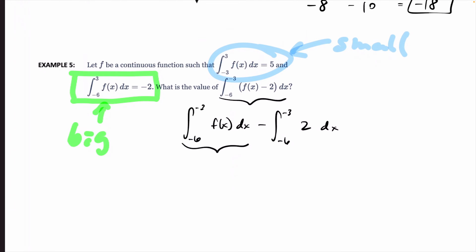So the whole thing goes from here to here. That's the big, that's the green. The blue is the piece. That doesn't go all the way from -6 to +3. That goes from -3 to +3.